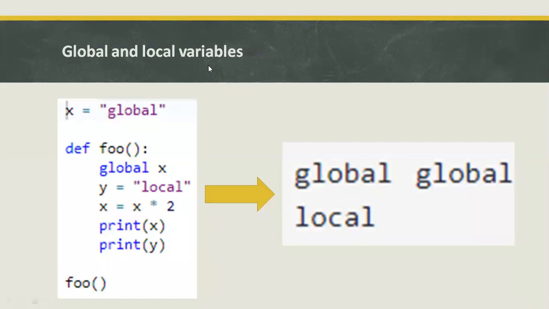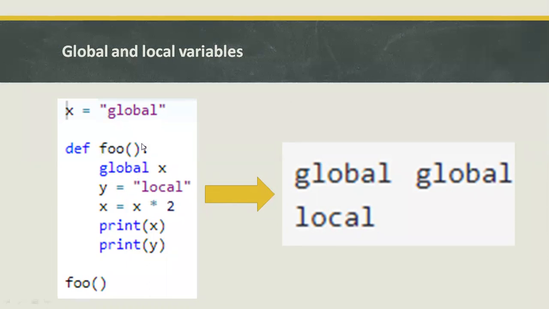Okay, global and local variables. Now here you can understand, suppose you want to modify the global variable as we discussed earlier. At that time you have to specify x is equal to global, this is a global variable and this is a local variable. But here you want to modify this global variable.